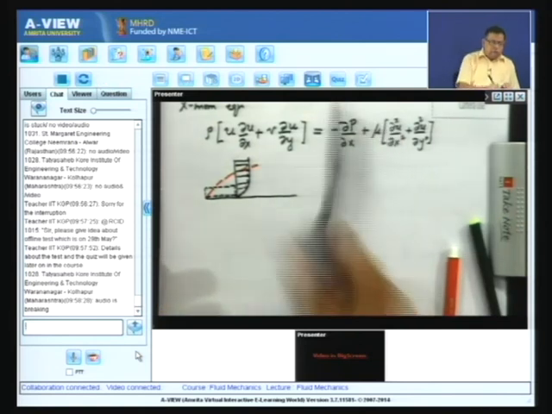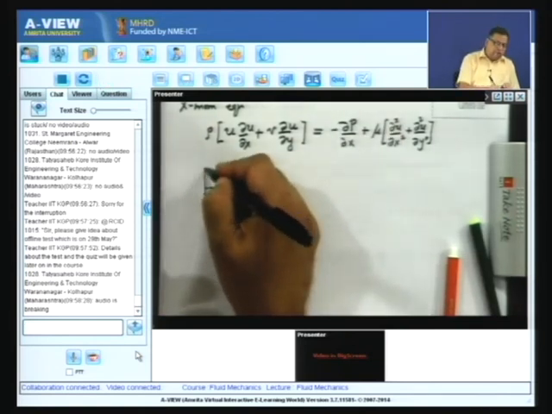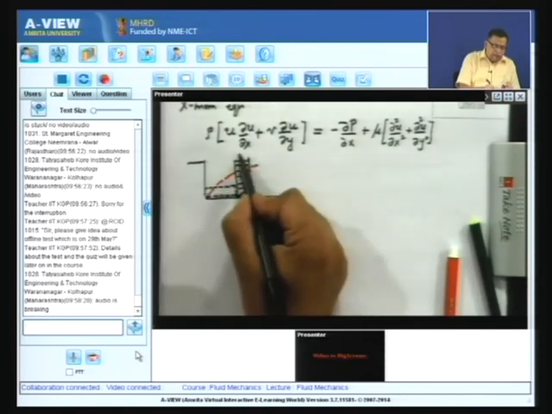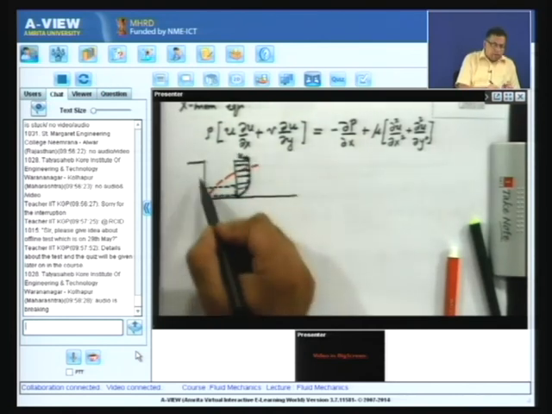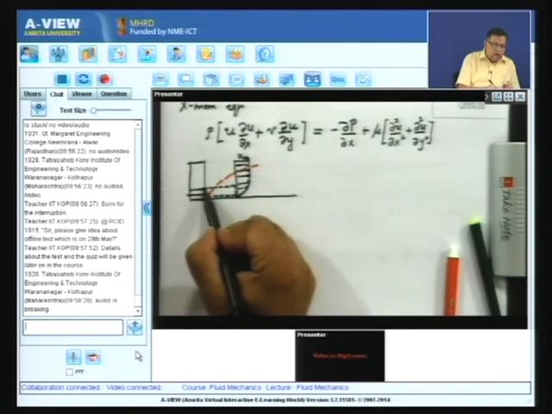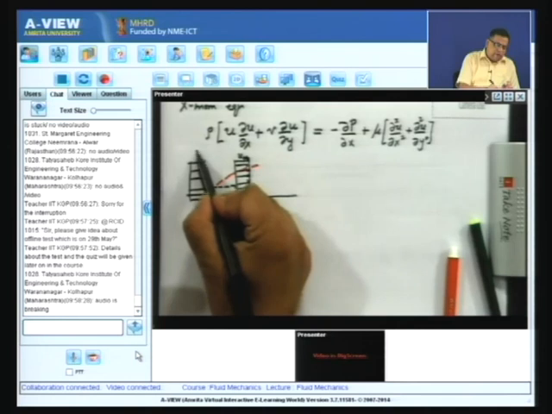Now, the velocity profile here is going to be a uniform profile. So, if this is u infinity, this is also going to be u infinity.